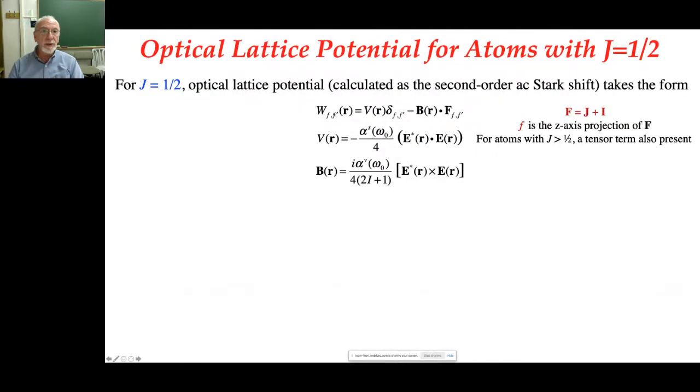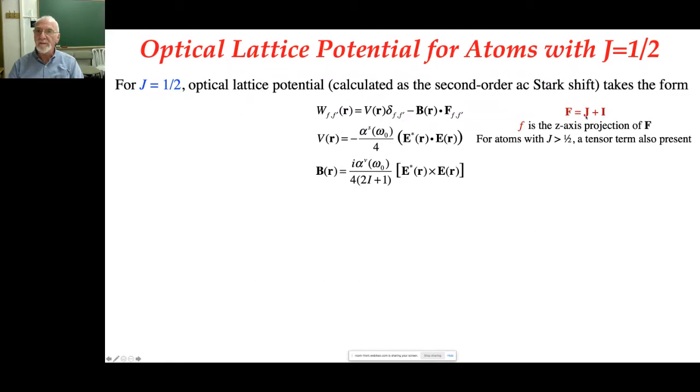So the full potential will be composed of a scalar part and a part that couples directly to the spin of the atom, where here we're taking J to be the total angular momentum of the atoms and I to be the nuclear angular momentum.